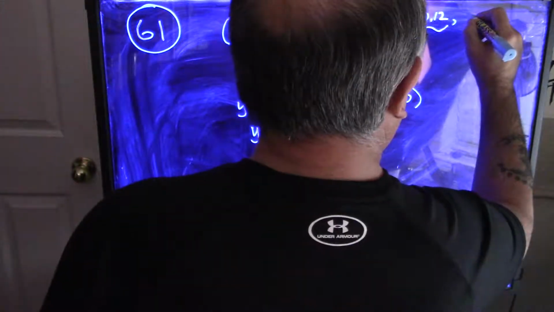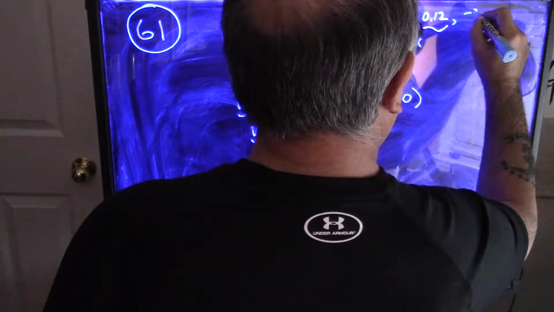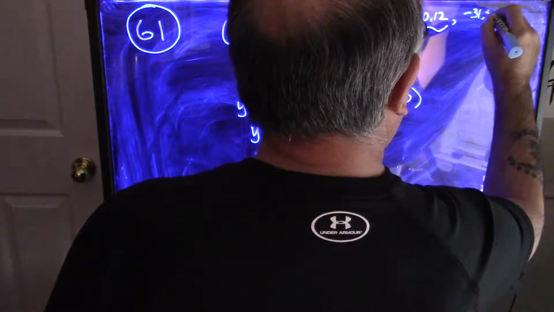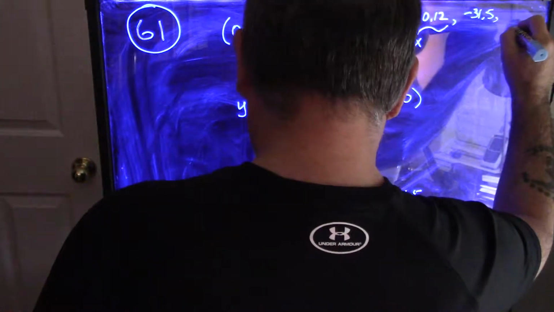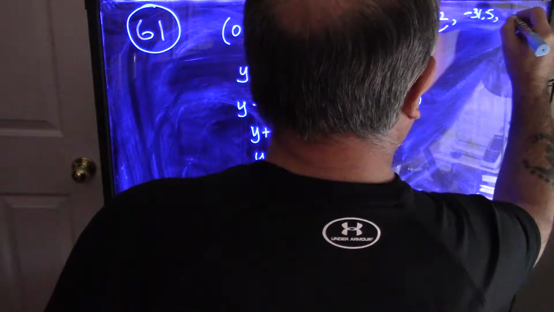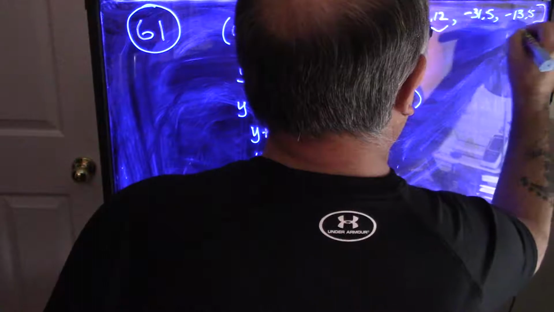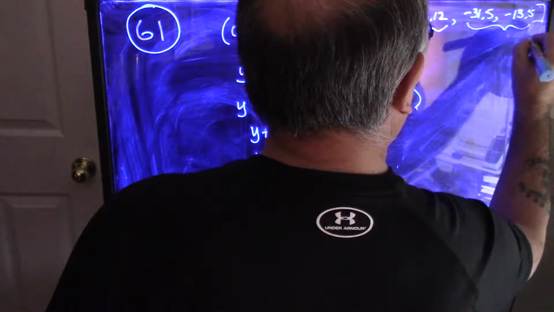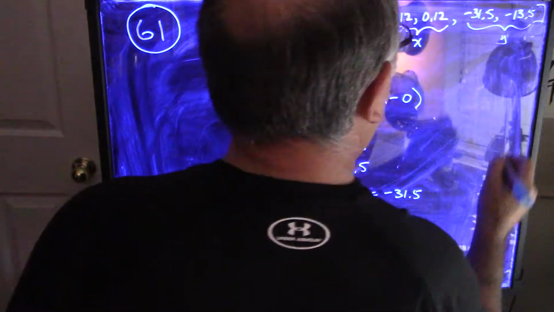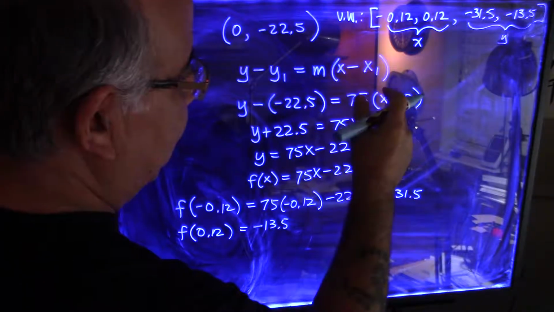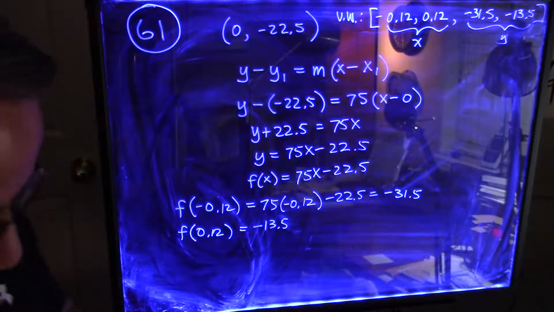So we've got 31.5 rather, to negative 13.5 for the y values on your viewing window. So that's what you can set on your computer.